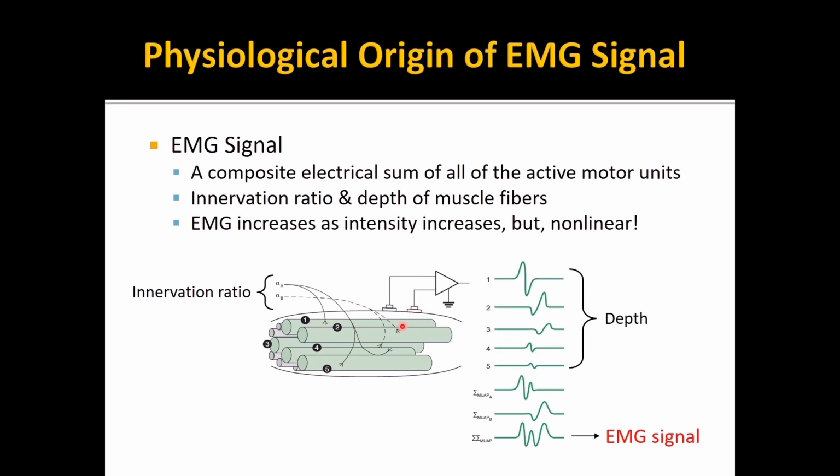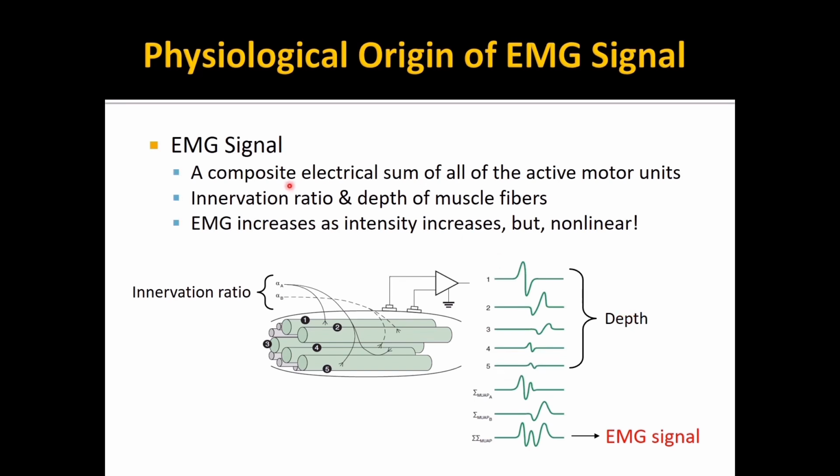And this innervation ratio can affect the amplitude of the motor unit action potential. And also here, depth of muscle fibers. We have 5 different muscle fibers here, from 1 to 5. And in this figure, number 5 is the deepest among these 5. That's why we got the lowest magnitude of the action potential here, which means depth of muscle fibers can also affect the motor unit action potential.